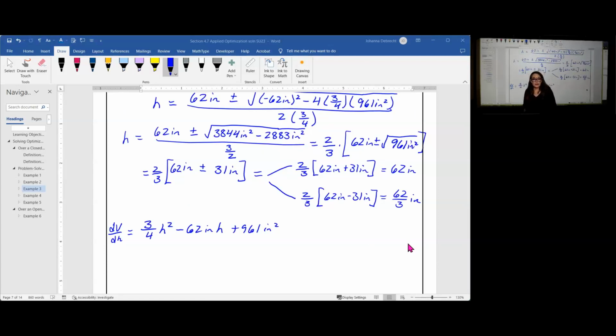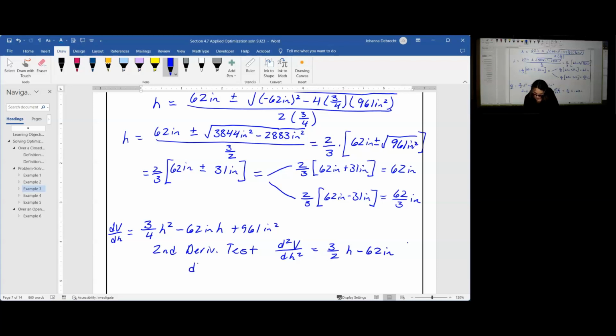In order to evaluate if it's a relative extrema, I'm going to apply the second derivative test. To apply the second derivative test, you must find the second derivative, which in our case becomes 3/2 h minus 62 inches.